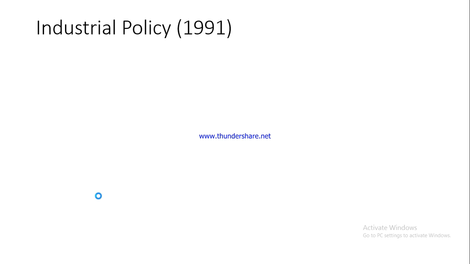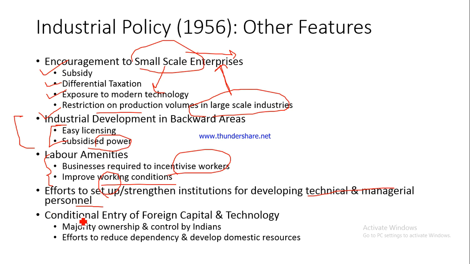Again, one more thing which was done was allowing conditional entry of foreign capital and technology. The foreign capital and technology was allowed to come to India, but there were some conditions which had to be met. For example, even if some foreign firm is investing here in India, whatever enterprise they're investing in, the majority ownership of that enterprise had to be with the Indians.